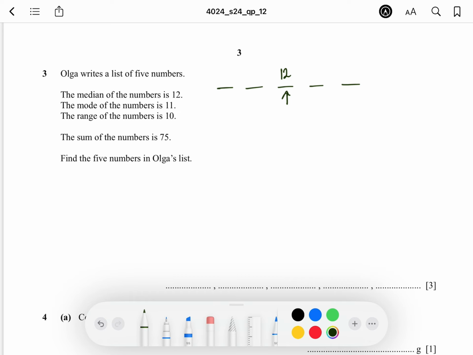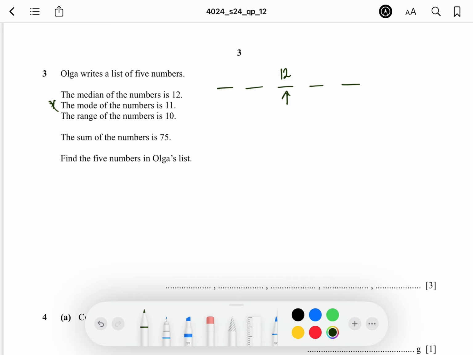Some say no, some say yes. So, hold on first, because you're not sure whether number 11 should be in front or anywhere. But definitely, what we can get from this one is number 11 should be more than 1, because mode.